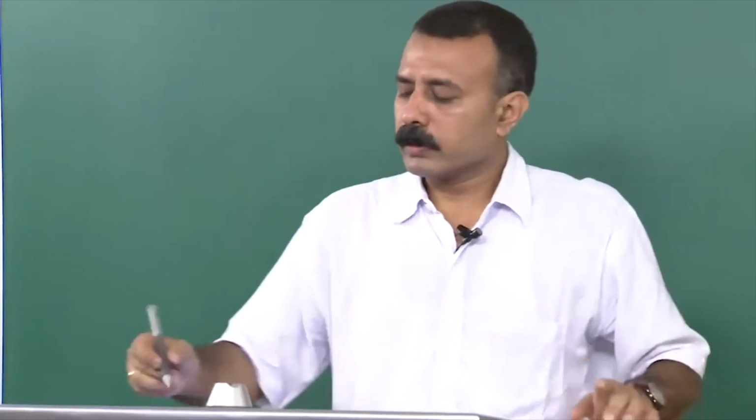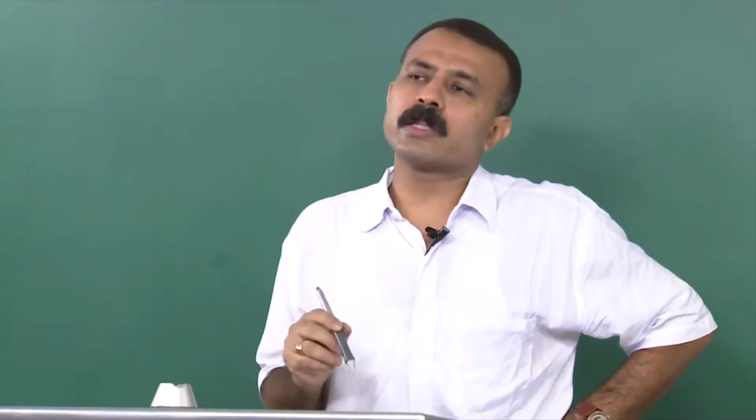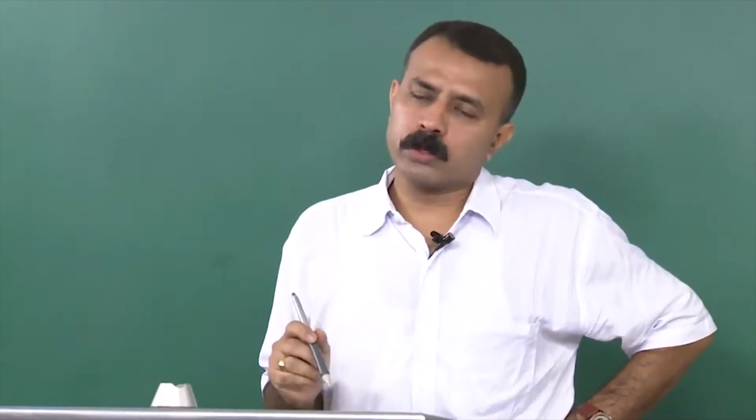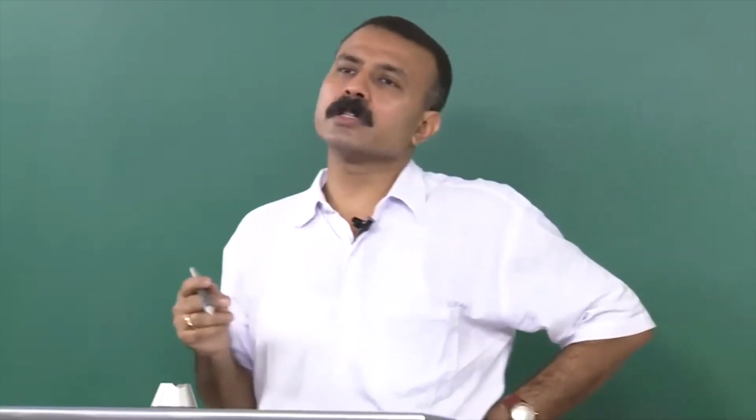Now, this reaches the spinal cord, and as I told you, there are two options at the spinal cord. It may either directly convey this signal to the motor neuron, or it can convey this signal through a small interneuron present. There are multiple interneurons present in the spinal cord.